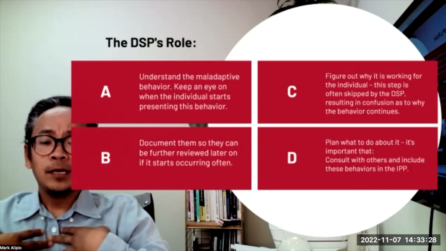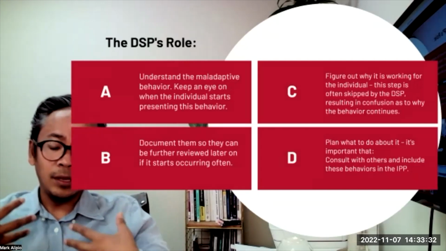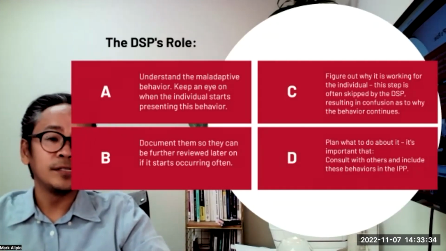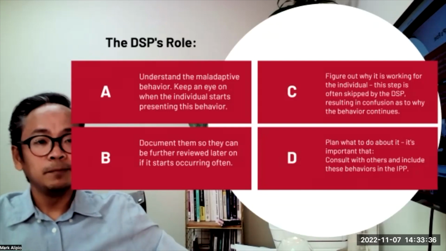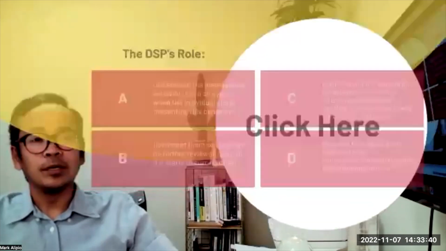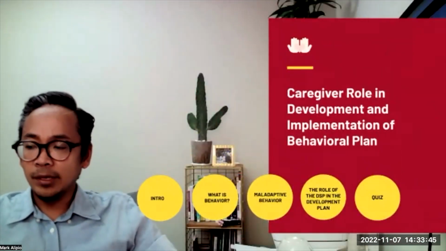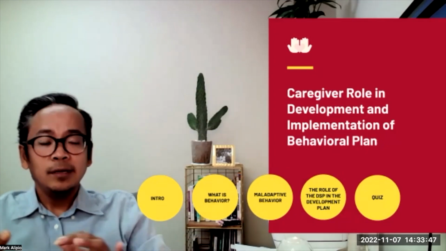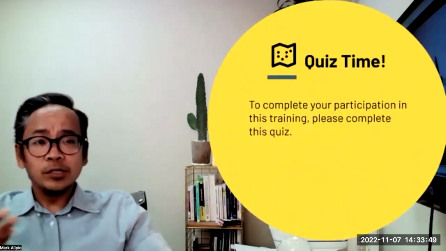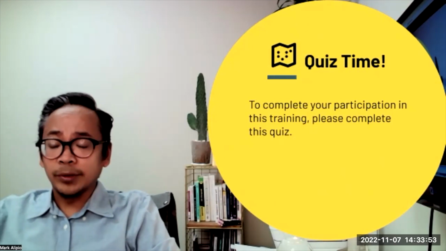Our program's approach in any of our care approach is a person-centered approach, okay? So that way we are able to focus on client's choice and client's ability to be able to make those choices.